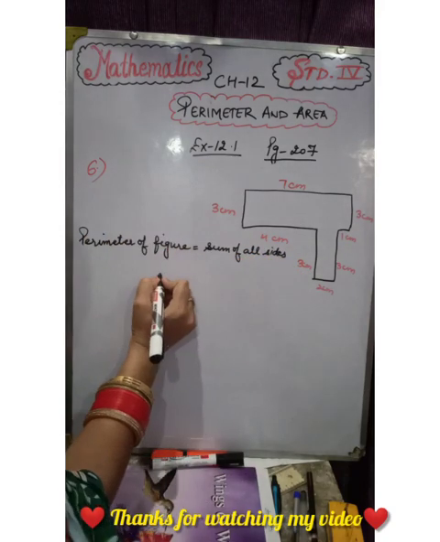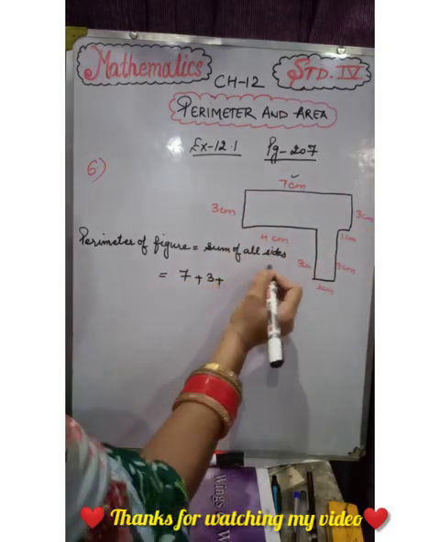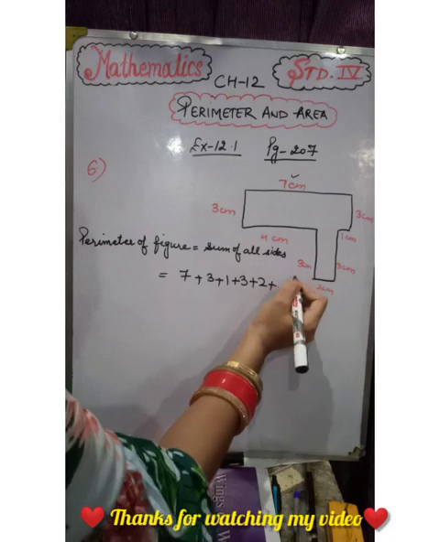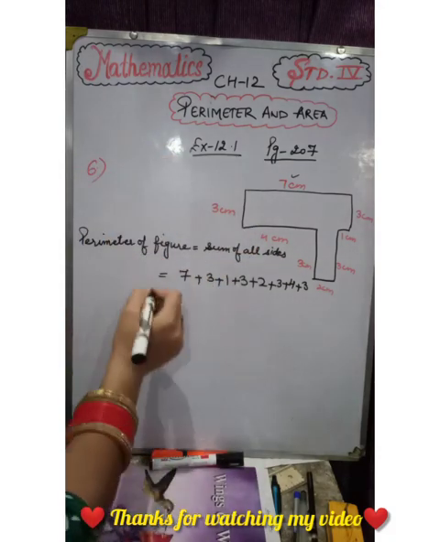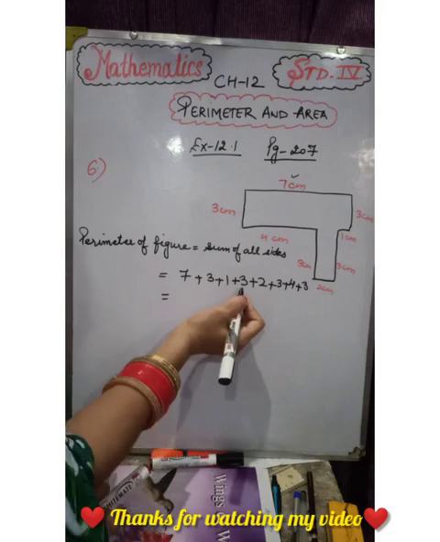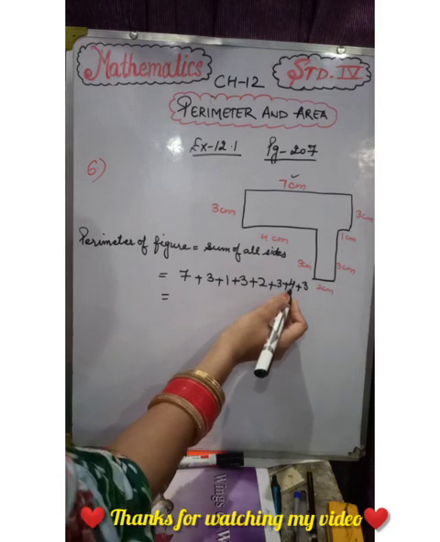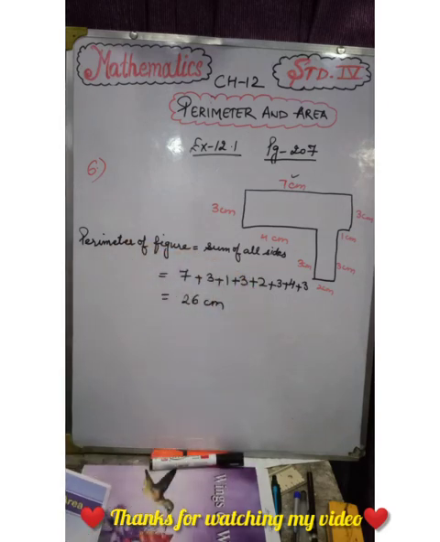Start from here: 7 plus 3 plus 1 plus 3 plus 2 plus 3 plus 4 plus 3. Let's add: 7 plus 3 is 10, plus 1 is 11, plus 3 is 14, plus 2 is 16, plus 3 is 19, plus 4 is 23, plus 3 is 26. So your answer is 26.